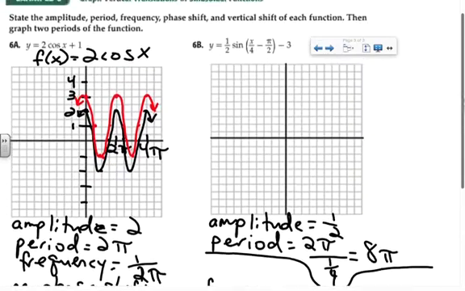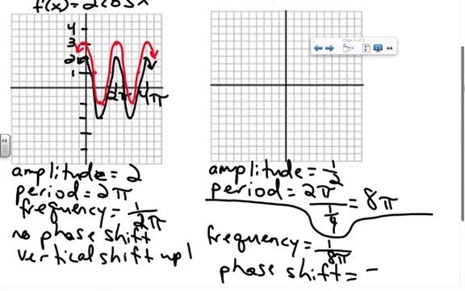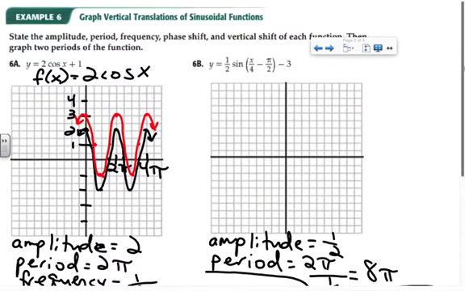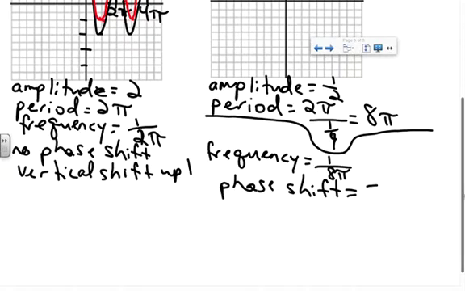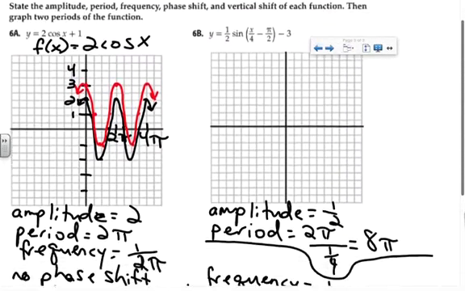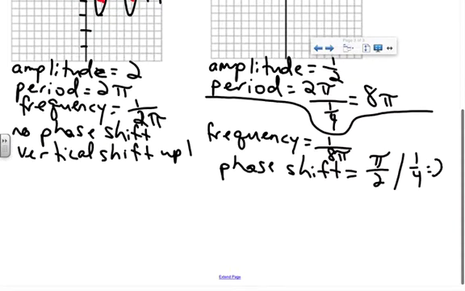Our C value is pi over 2. Oh, be careful. Let me bounce that back up there. It's actually going to be positive pi over 2 over 4. Because notice that this time our C value is negative. So our phase shift is pi over 2 over 1/4. Which means our phase shift is actually 2 pi.